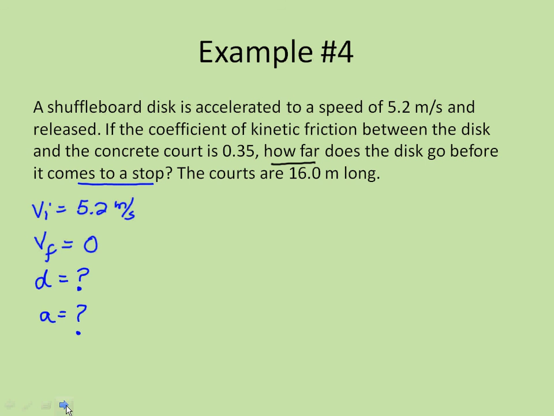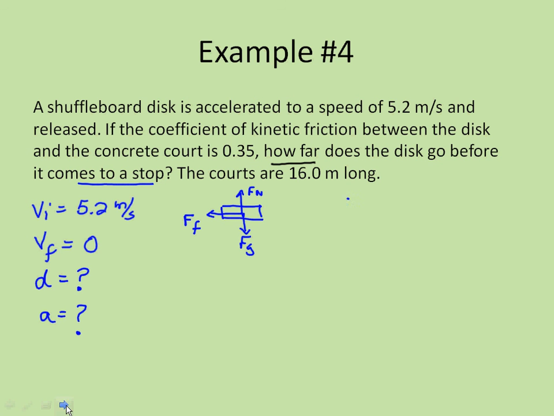So thinking about this disk, let's draw a free body diagram. There's the disk. It has its weight, so it has a normal force. Now, the only thing slowing it down once it's released is the frictional force.